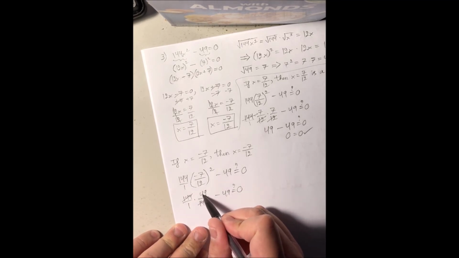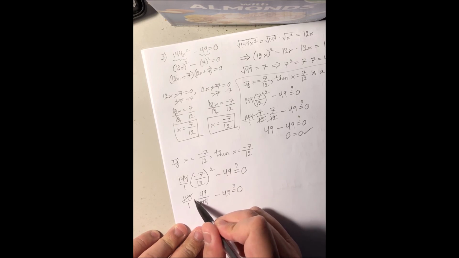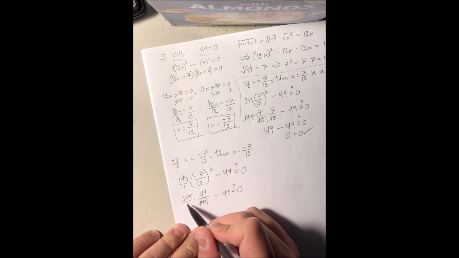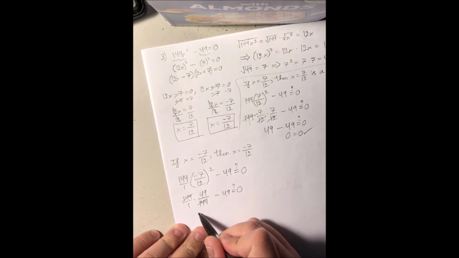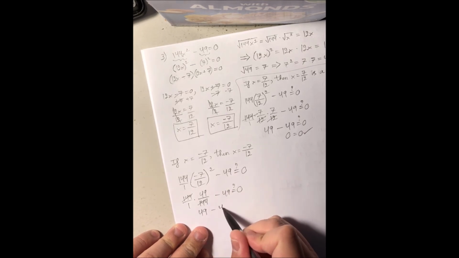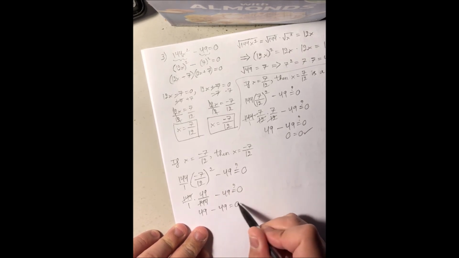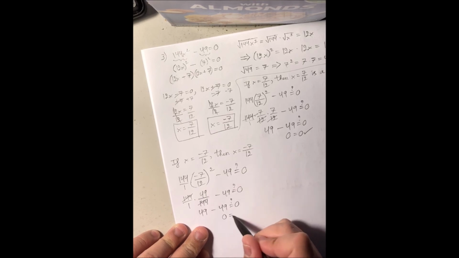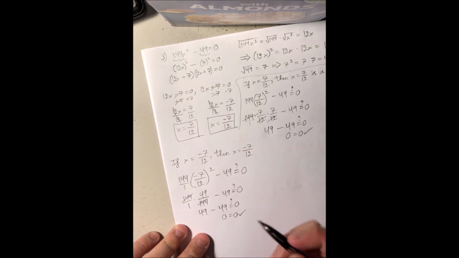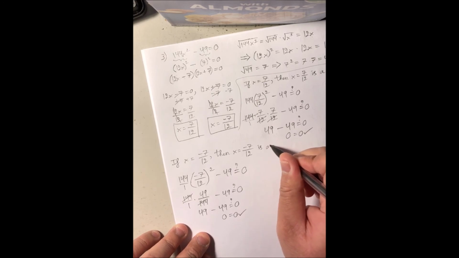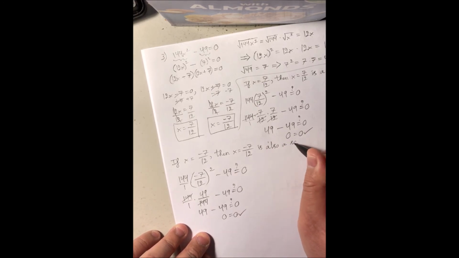We're left with 49 divided by 1, which is just 49 itself. Oh, hey, we got 0 equals 0. So that means it is also a solution, is what we'll have to write for x equals negative 7/12.